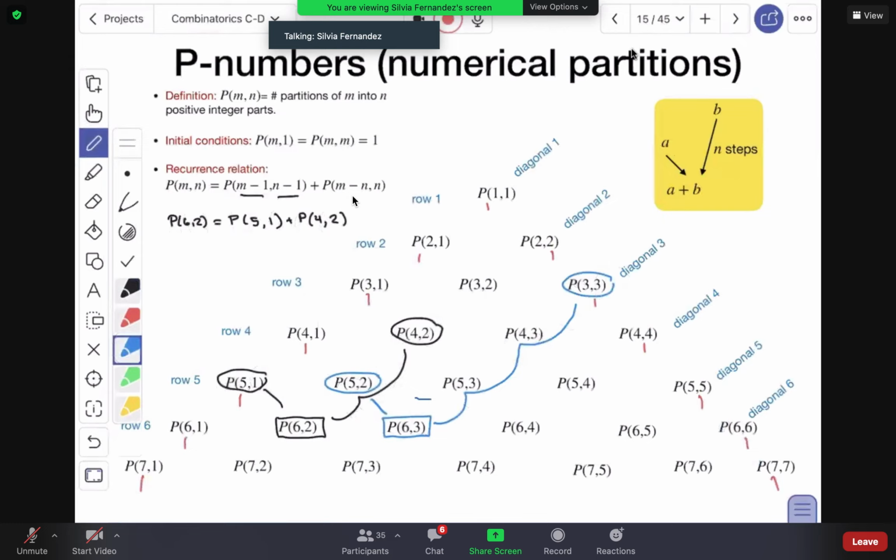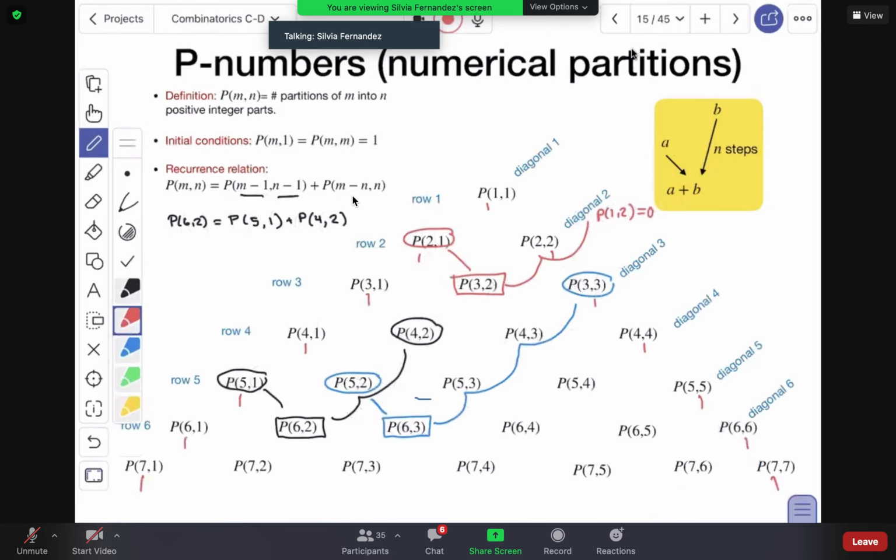Now, if you get out of the triangle, for example, if I wanted to know P32, I'm supposed to add that one to 2 steps this way, right? So I get out of it. That would be like P12, which is out of my triangle. All of those are zeros.